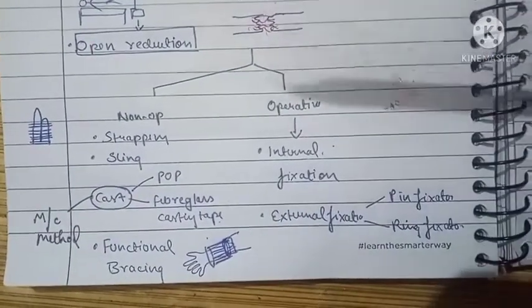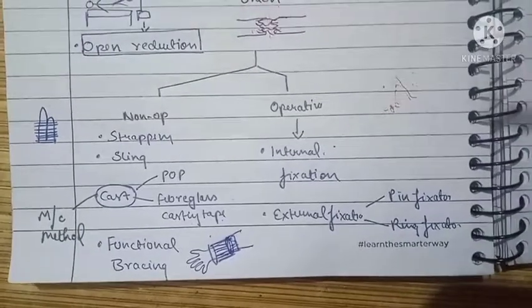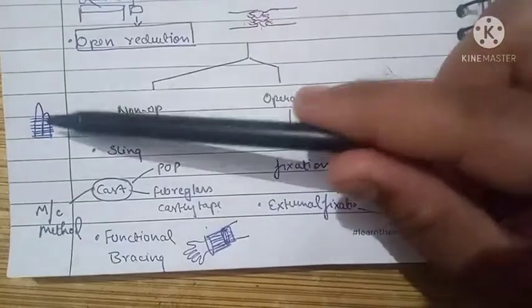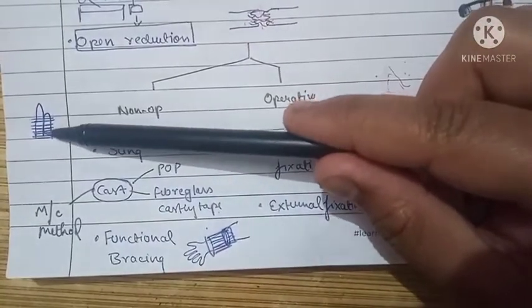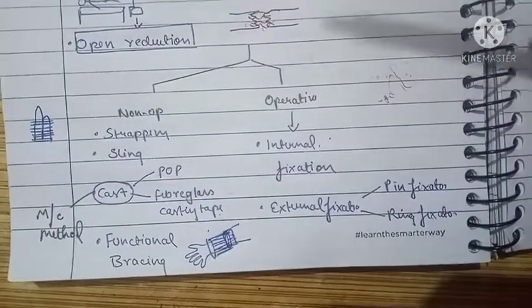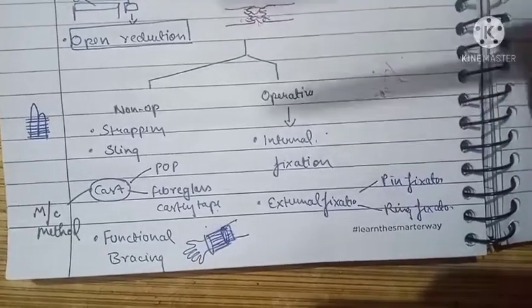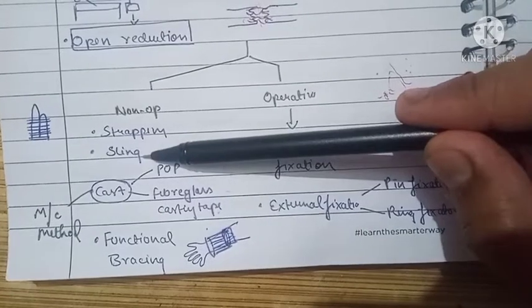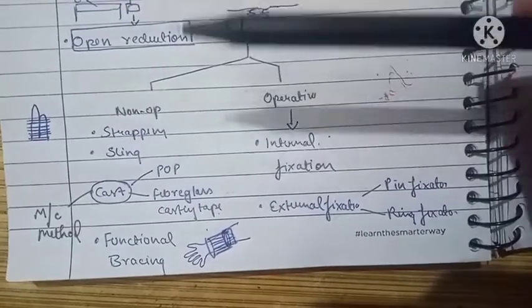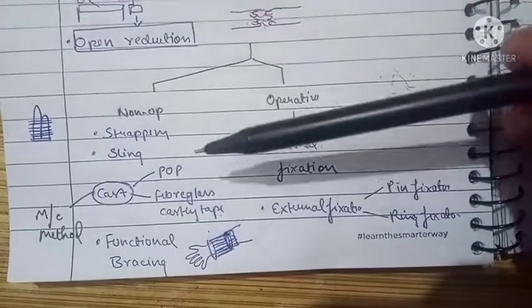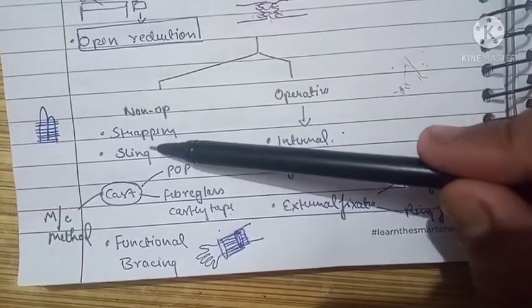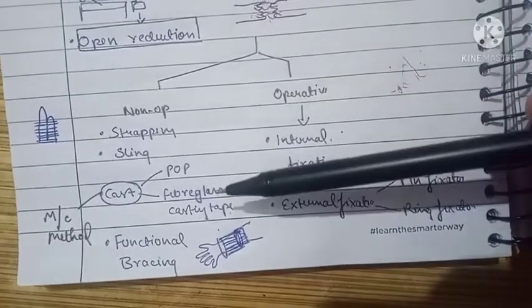We use bandages to tie the fractured finger to the adjacent finger, like a fracture of the distal phalanx or proximal phalanx. You may see cricket and basketball players tie the finger using bandages to the adjacent finger. Slings suspend the fracture and stabilize it.